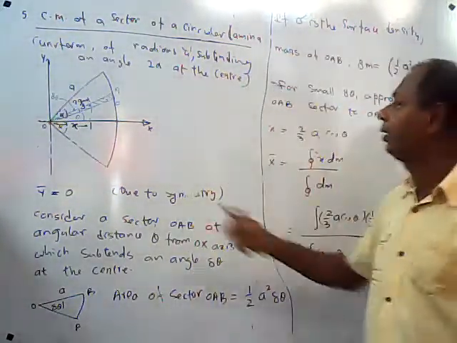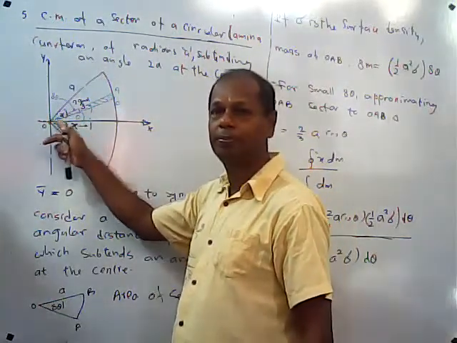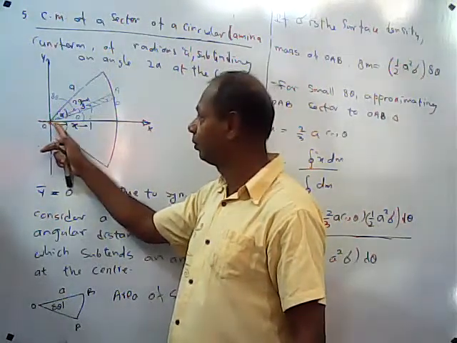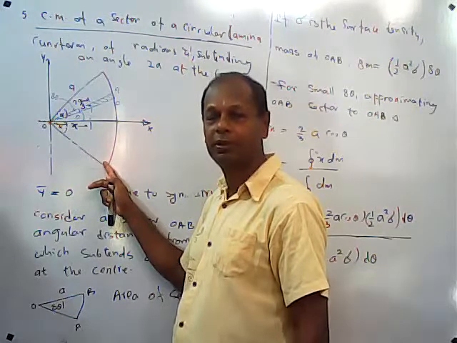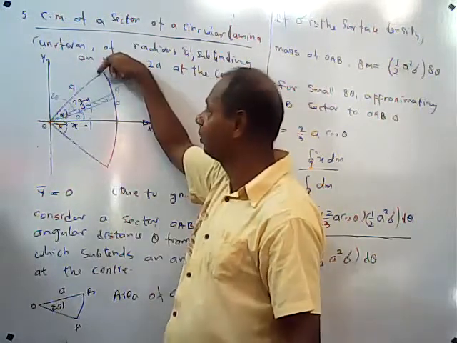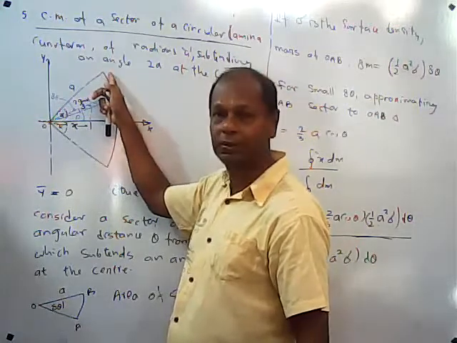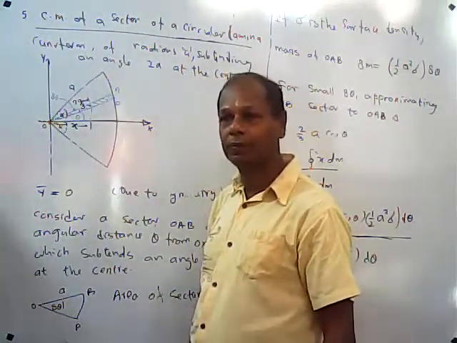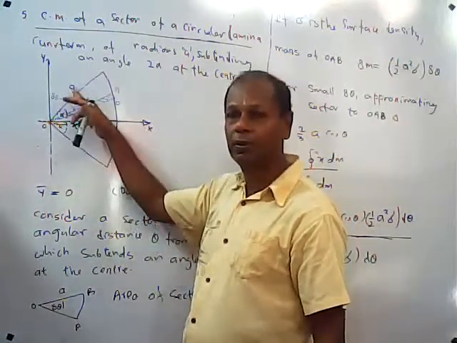You start from somewhere here, then it is minus alpha. The last one you take is at theta equals alpha. Then theta goes from minus alpha to plus alpha.